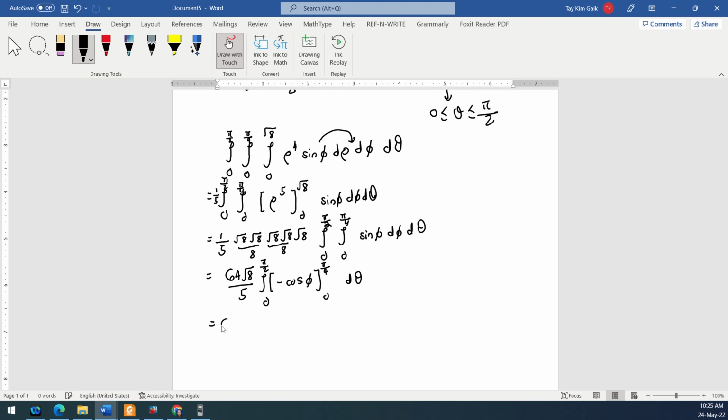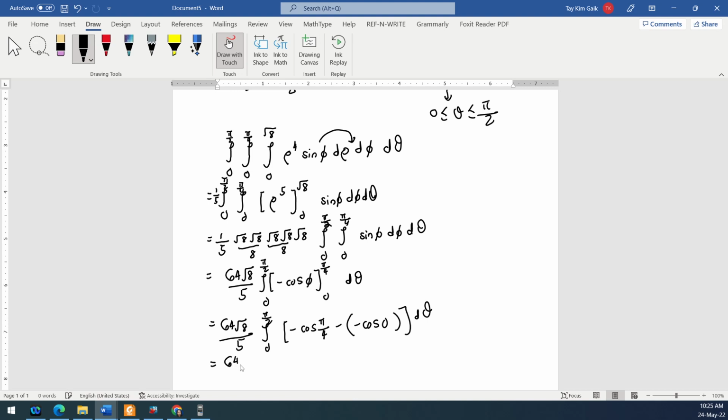So 64 root 8 divided by 5, theta from 0 to pi over 2. Put in the upper limit, which is pi over 4, so you got negative cos pi over 4, minus negative cos 0. Lastly, integrate with respect to theta.